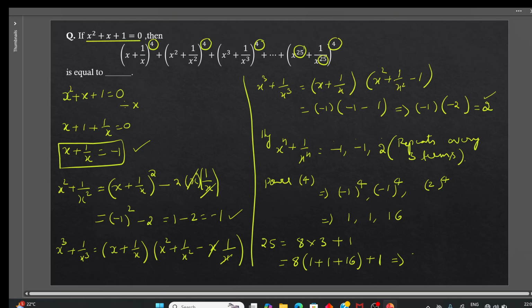So 8 times 18 is 144. 144 plus 1 is 145, which is the answer. So this value is equal to 145.